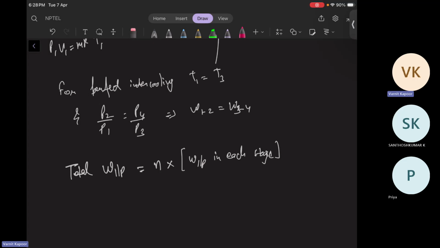But mind my words, I am talking about when there is perfect intercooling. So total work input will be n times the work input in each stage. So for minimum work input with perfect intercooling, work done in each stage is the same.